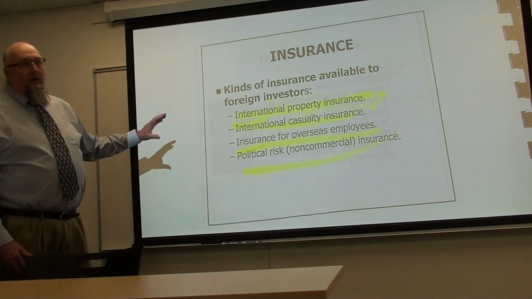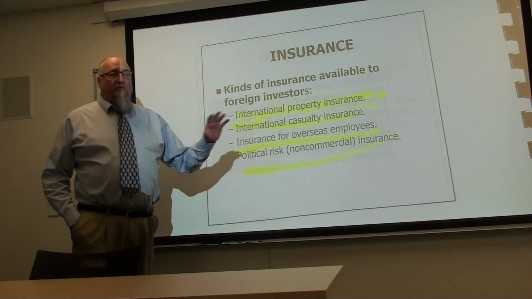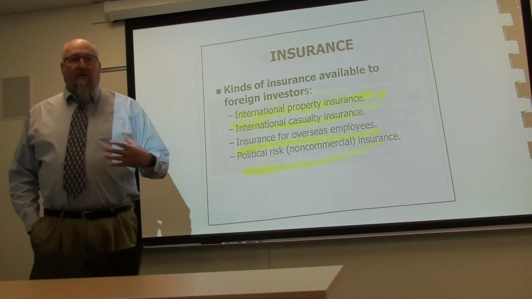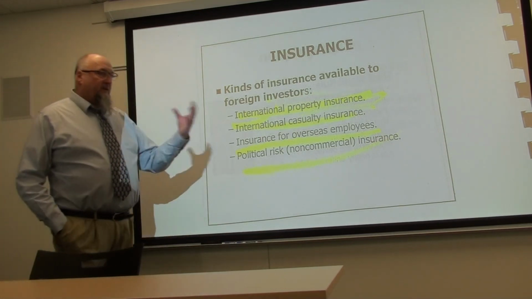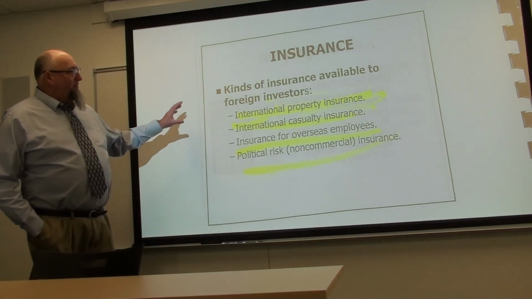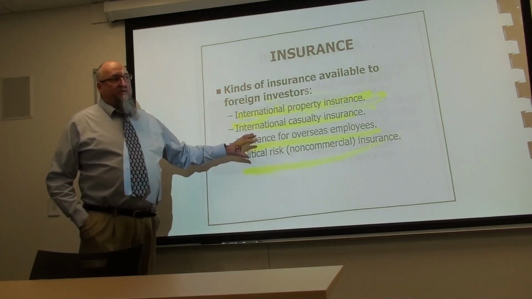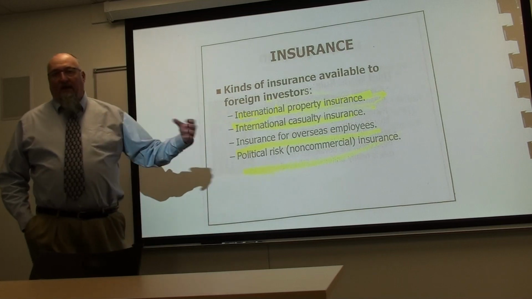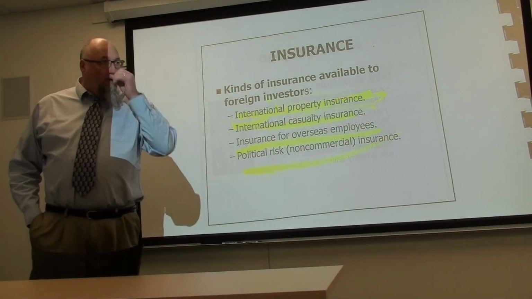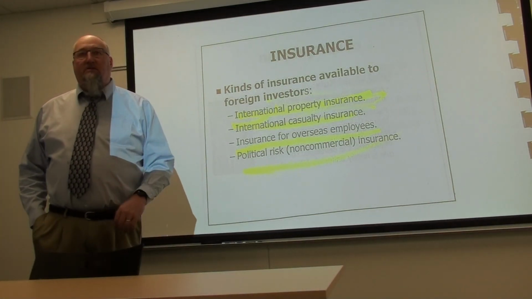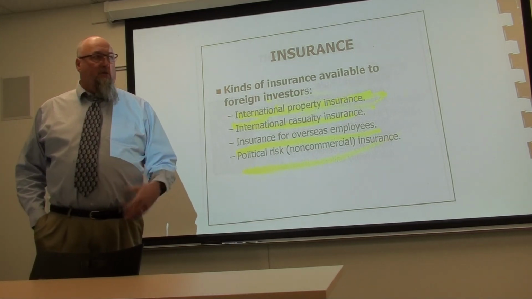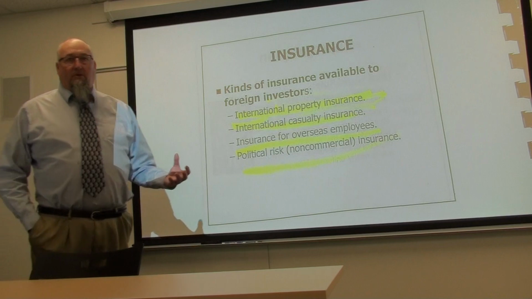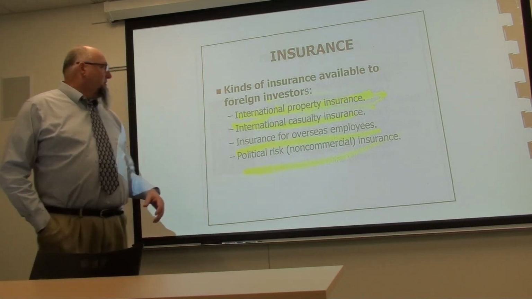So this is where, within the framework of IGOs and NGOs and then private enterprises, there has been the development of insurance programs that will provide some ability for private investment companies to be compensated through an insurance type of policy rather than having to pursue a taking claim against a government.